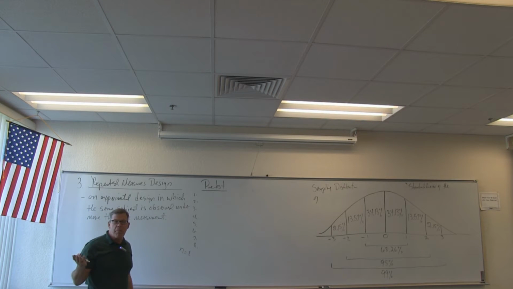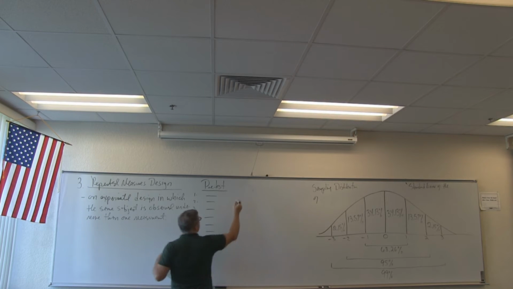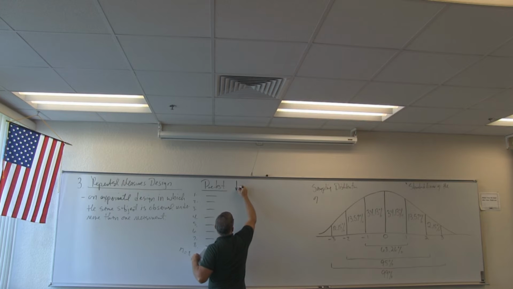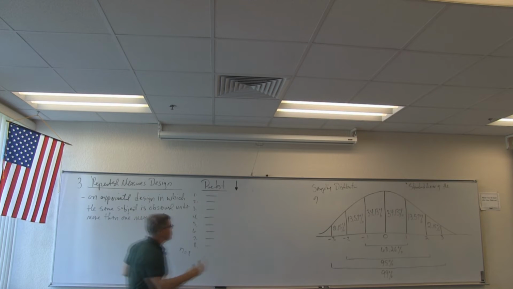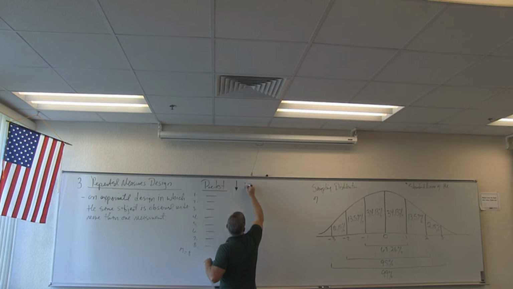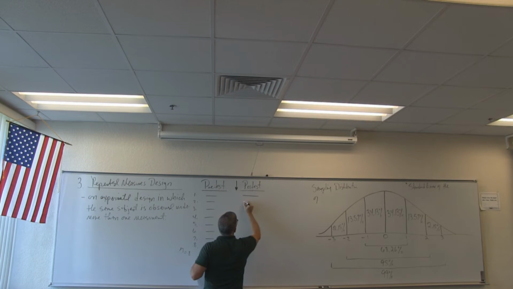Some people consider it the baseline measurement. So we have all these pretest scores. Then we introduce some treatment, and then we measure them again. This is called the post-test, the second measurement. So we have a whole set of post-test scores.